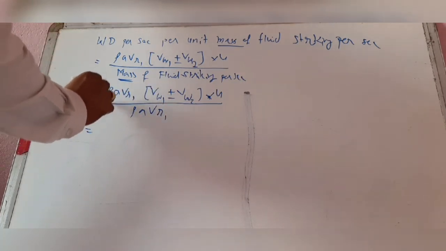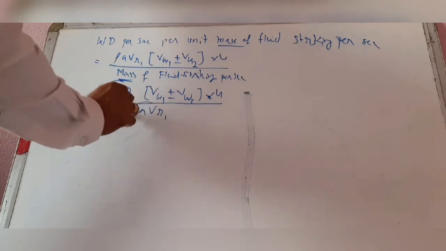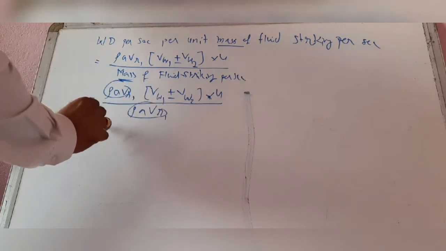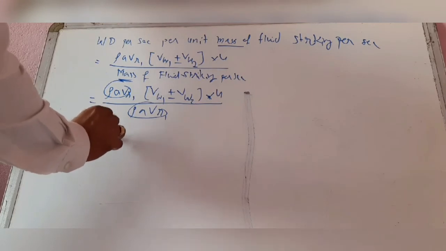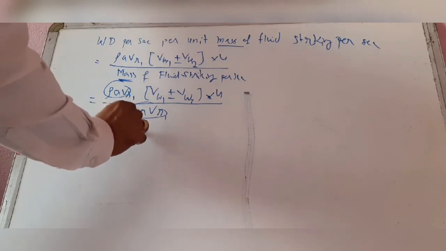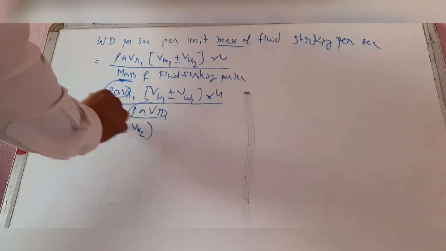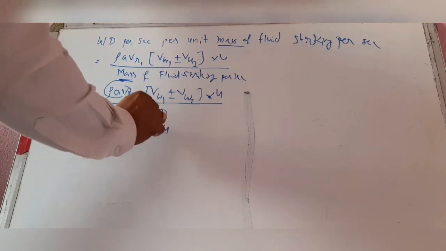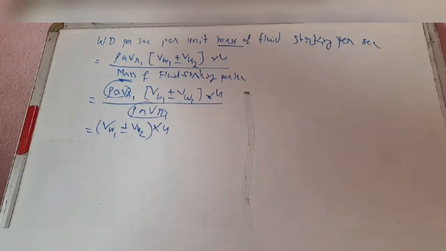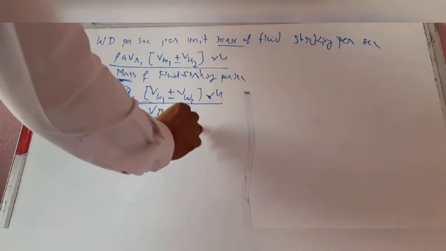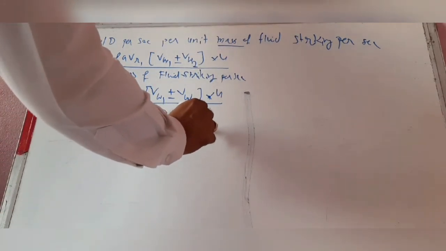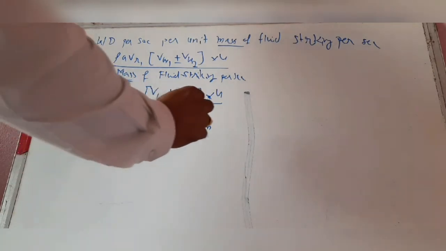These cancel, so the value is (VW1 plus or minus VW2) into U, and the unit is Newton meter per kg.